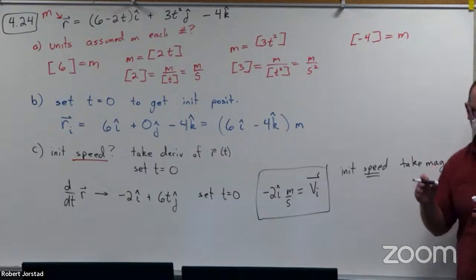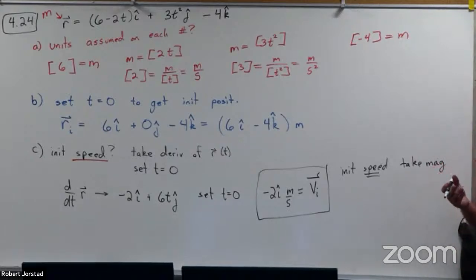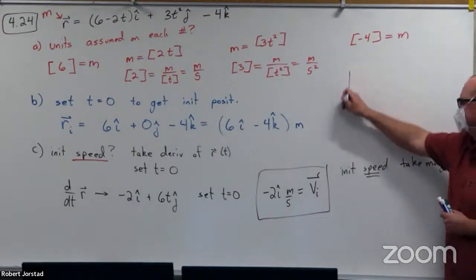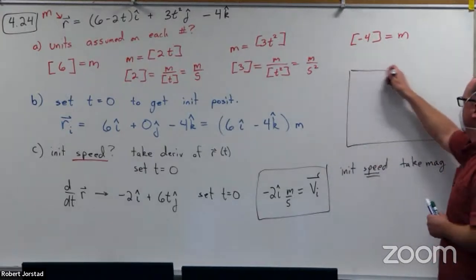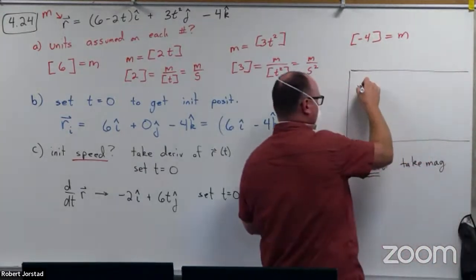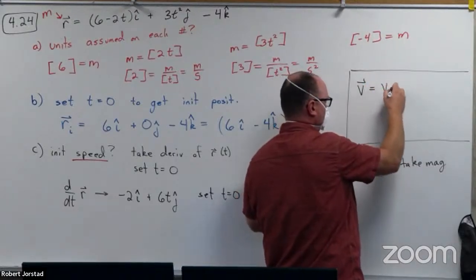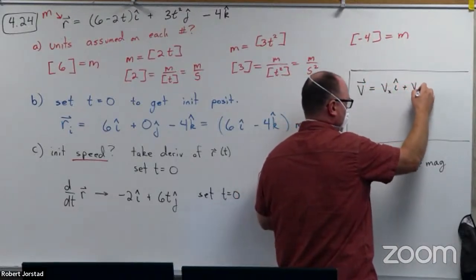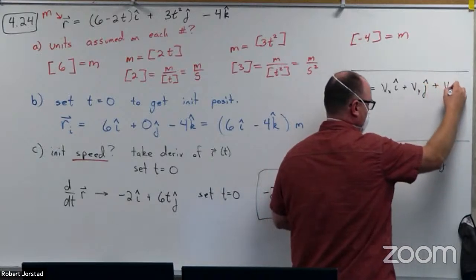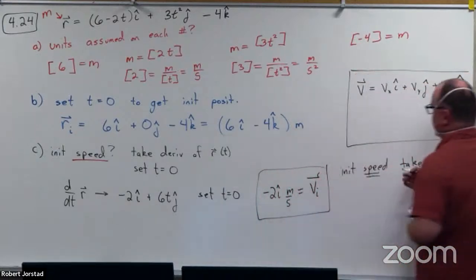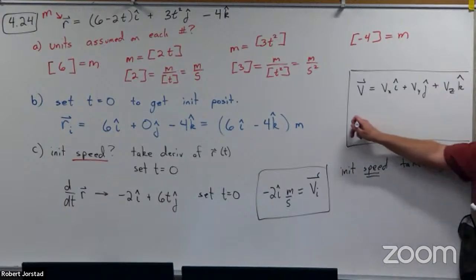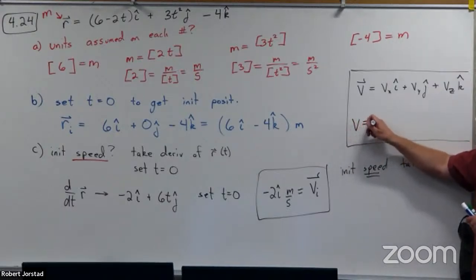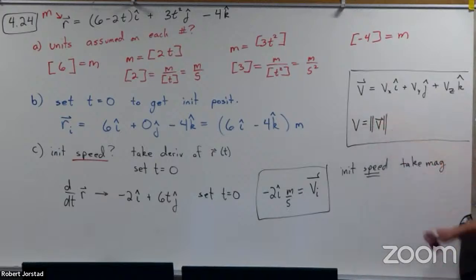You guys know how to take the magnitude of a vector in 3D? If you have a vector like this, B, that's the magnitude. Sometimes you use a double line. How do we get the magnitude of a vector?